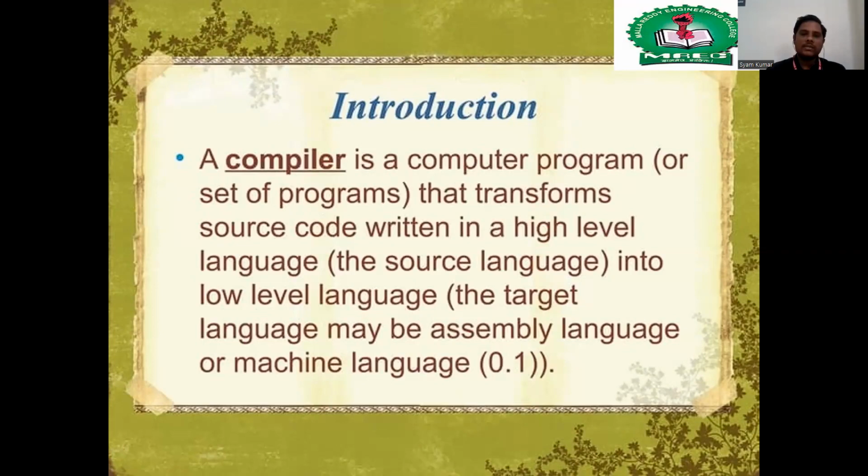The high-level language is the source language, and the low-level language is the target language, or assembly-level language or machine understandable language. This is called a compiler.